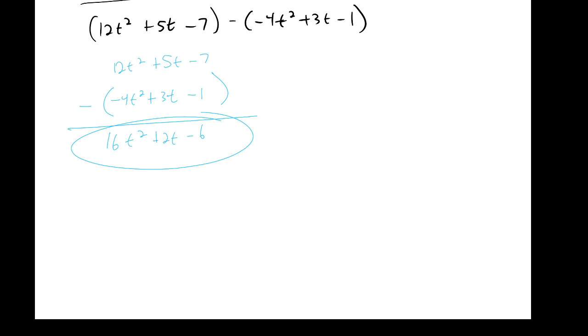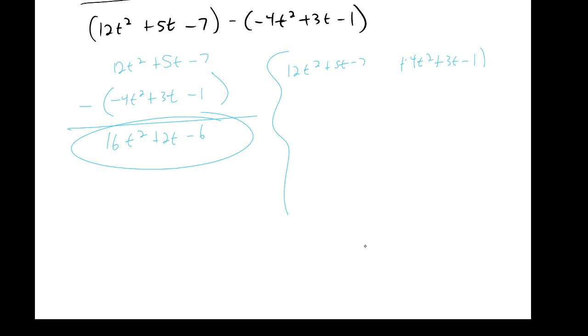That's your answer. And of course, what does it look like? Well, if I had gone 12t squared plus 5t minus 7, right? That's in parentheses, minus negative 4t squared plus 3t minus 1. And if I go here to do the horizontal method and I disregard my parentheses, remember, I have to distribute my negative effectively. Let me actually illustrate that. That's going to go into every single term. So I'm going to get rid of this.